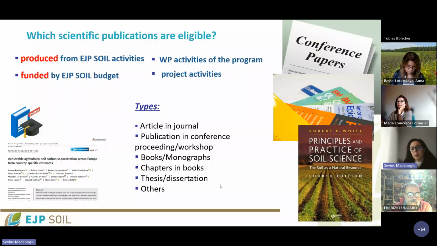We have 6 types of scientific publication that we need to report, and you will see these categories on the reporting template.